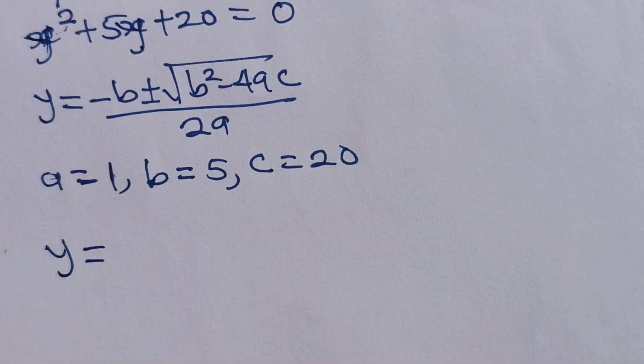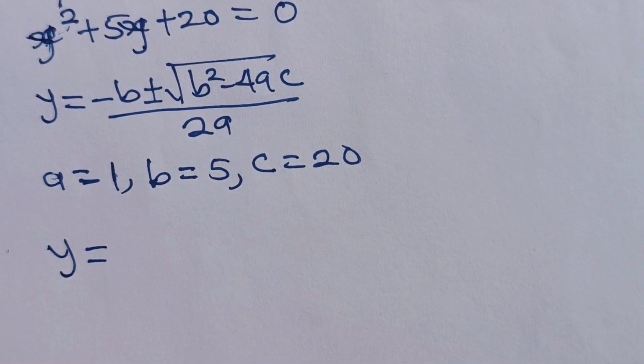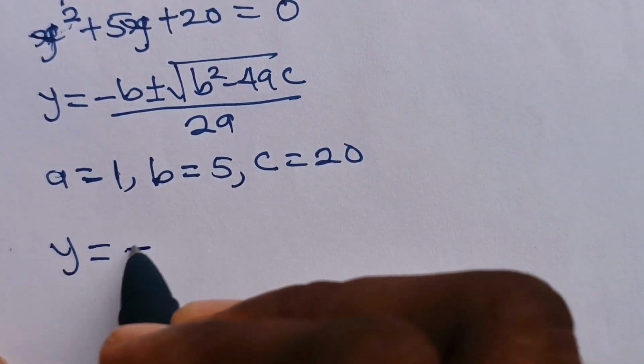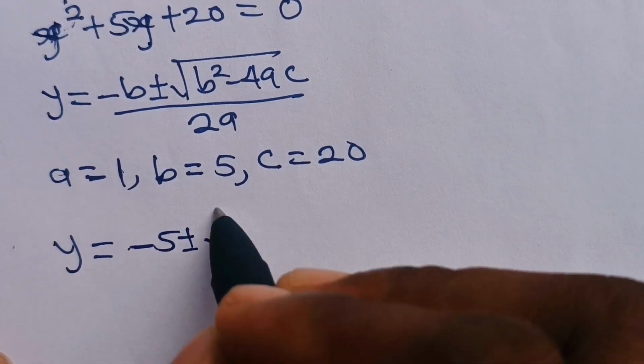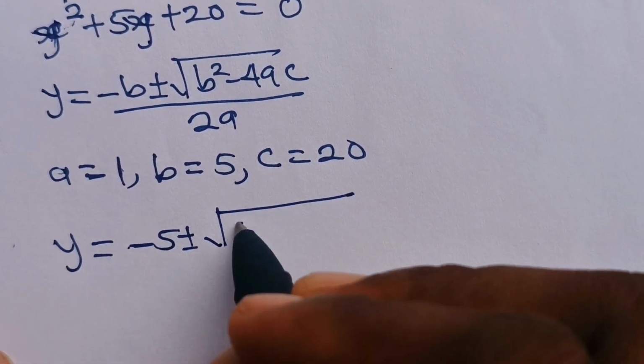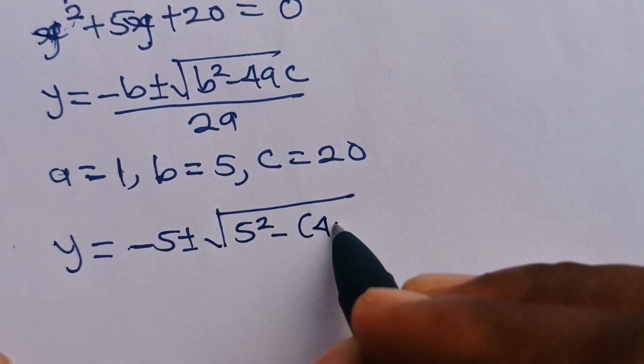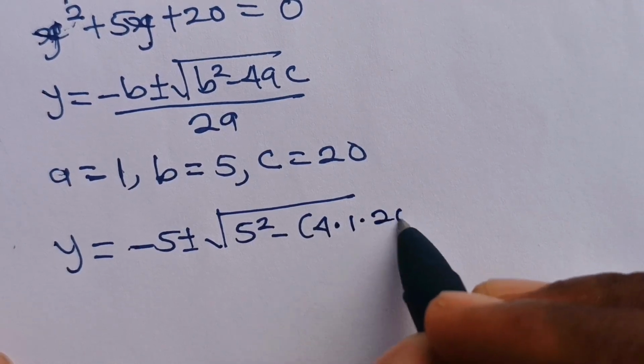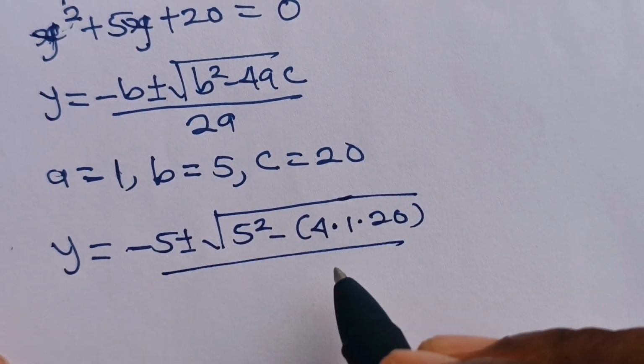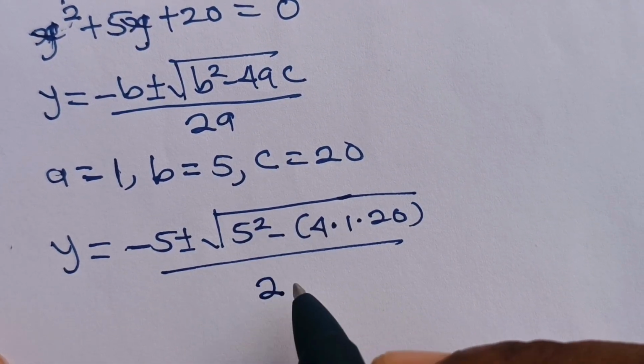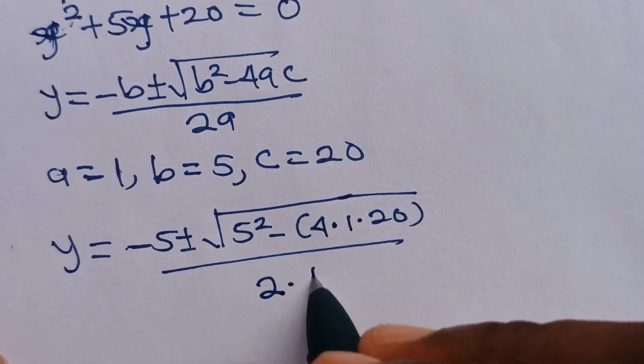So that means our y is equal to minus b, that is minus 5, plus or minus square root of 5 squared minus 4 multiplied by 1 multiplied by 20, everything divided by 2 multiplied by 1.